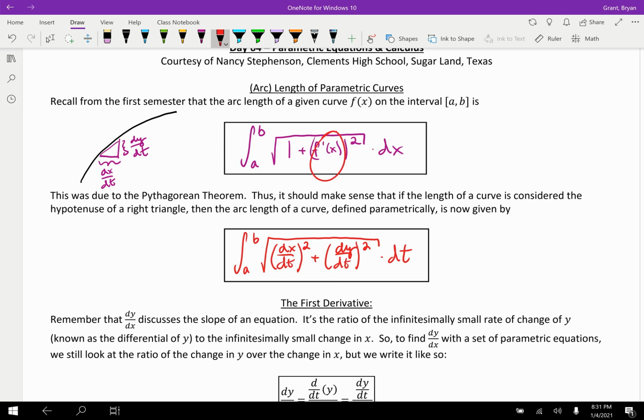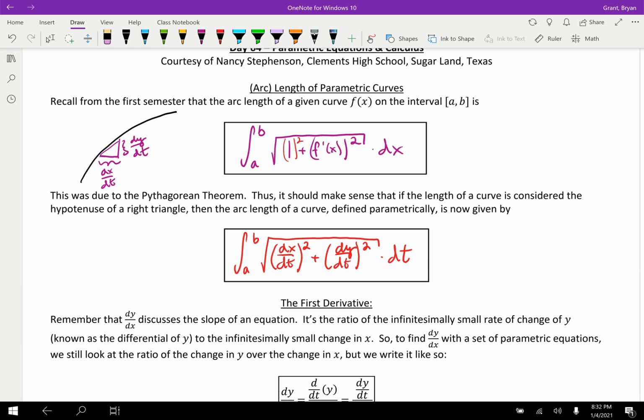Instead of squaring just one piece, now we're splitting the derivative into two individual changes. If we take the derivative of the x component and square it, add it to the derivative of the y component squared, and then take the square root, that will find, through the Pythagorean theorem, the hypotenuse, which will be the length of our curve.